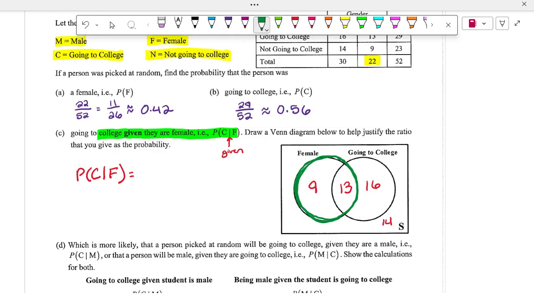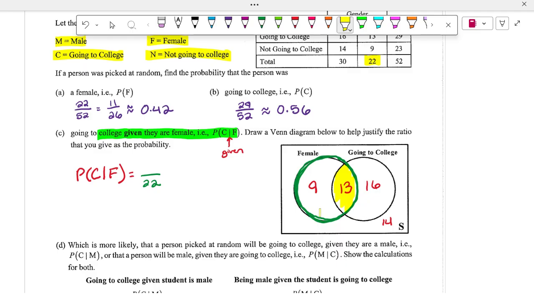So how many total is in that circle? 22. So that's what we're taking it out of. And then how many within that circle is actually going to college? 13. So there's 13 within that circle that are actually going to college.